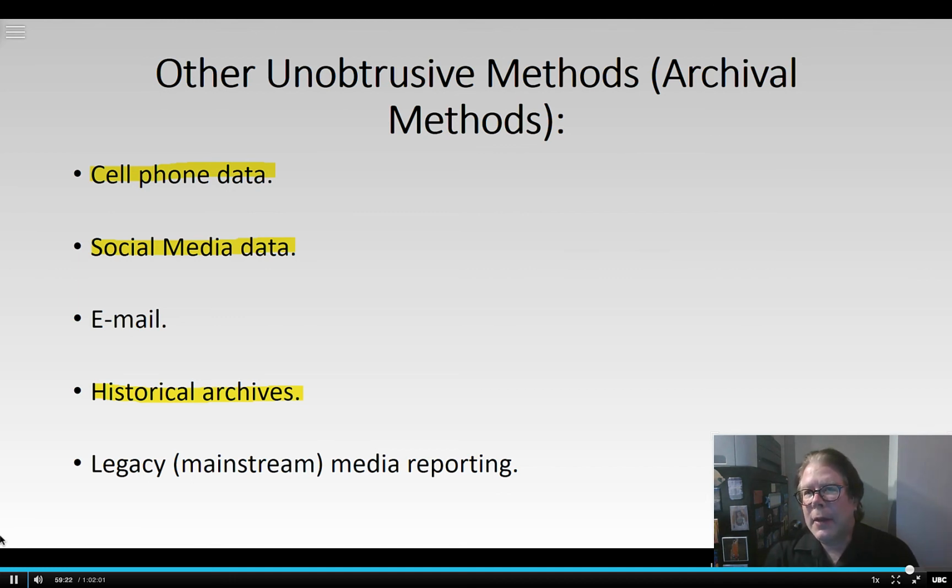I've also highlighted historical archives, and here, to a certain extent, we can think about the data that Whedon and Cornwell used in the Sociological Science article. It was quite a clever use of data.